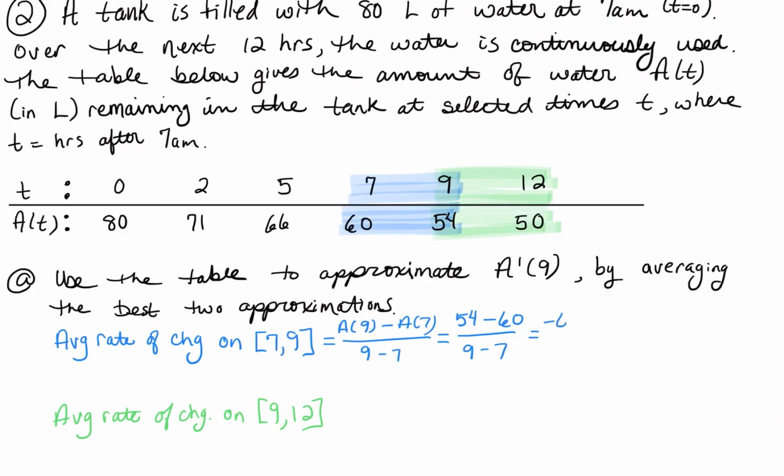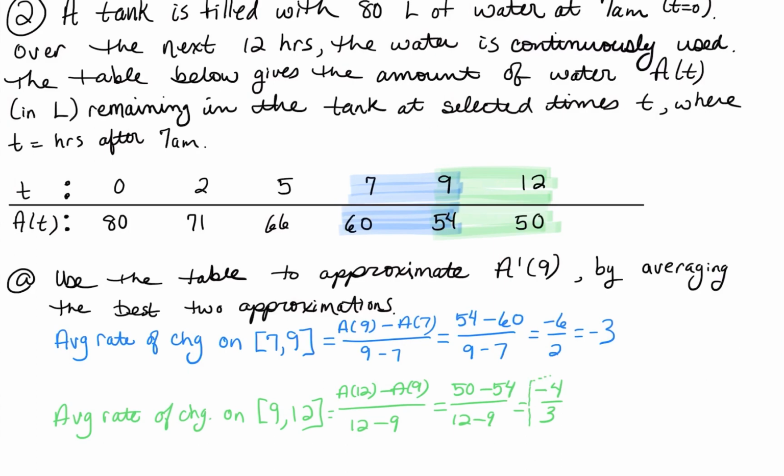We have negative 6 over 2, so we have negative 3. Let's do the same thing for the interval from 9 to 12. We're taking A of 12 minus A of 9, change in outputs over change in inputs. Probably just starting immediately with 50 minus 54, again over 12 minus 9. In this case, I'm going to have negative 4 thirds.